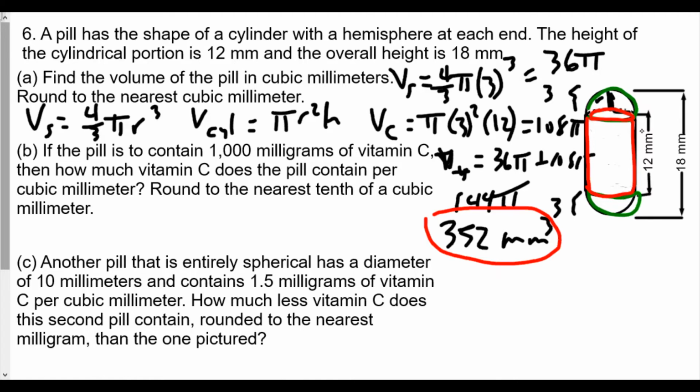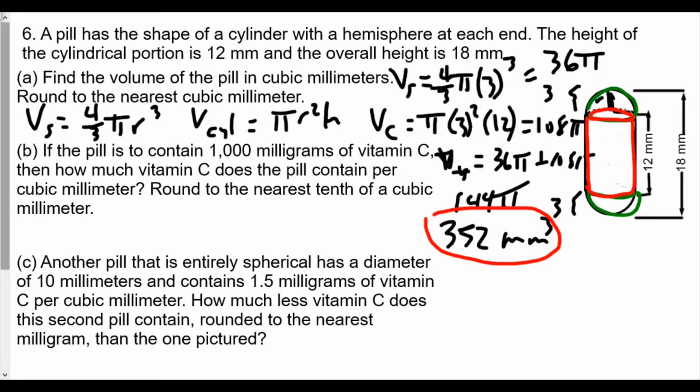So part B: if the pill is to contain 1,000 milligrams of vitamin C, how much vitamin C does a pill contain per cubic millimeter? Well, we would just take our value here.